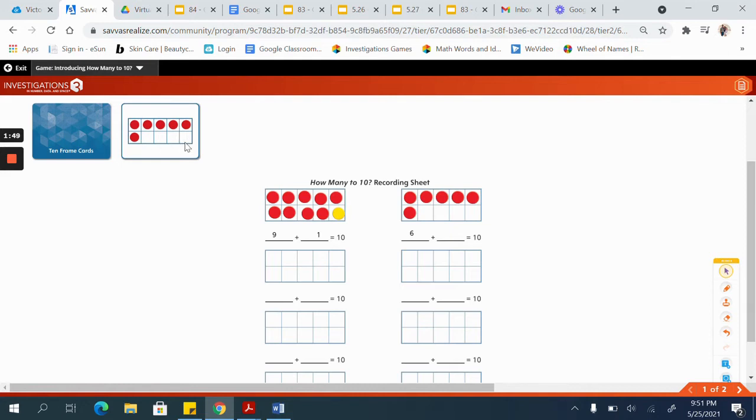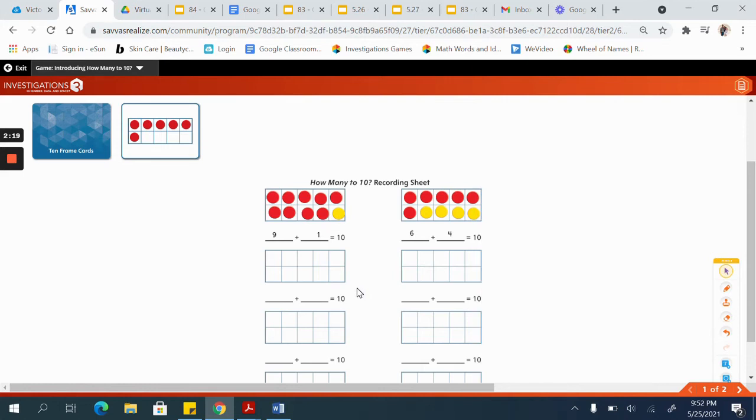If we put 4 counters on our tens frame, will we make 10? Let's try it. 1, 2, 3, 4. So 6 and 4 more equals 10.